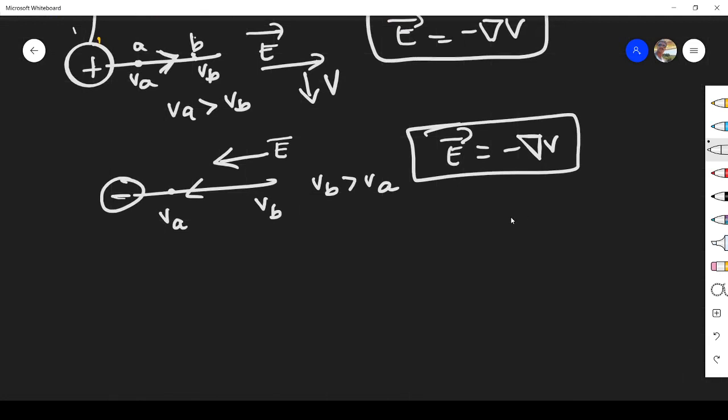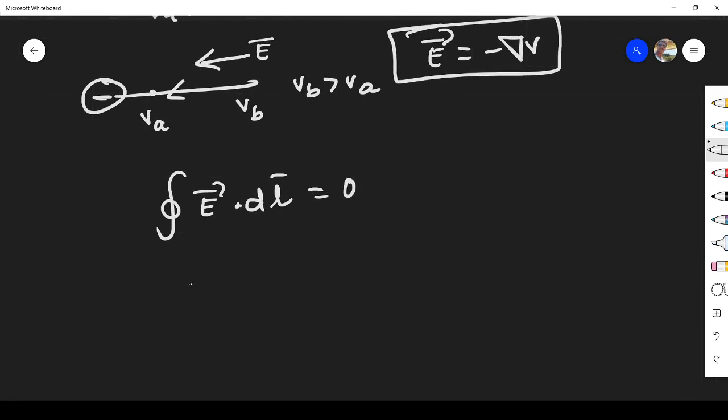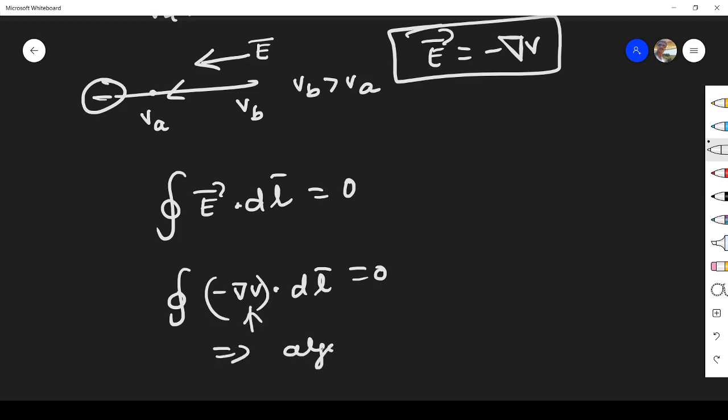Right? Okay. Now, another point we already know, the integral of E dot dl is equal to 0. Right? If you substitute E is equal to minus del V, we get minus del V dot dl is equal to 0. What is it implying? The algebraic sum, since it is integration, again it is a sum only.